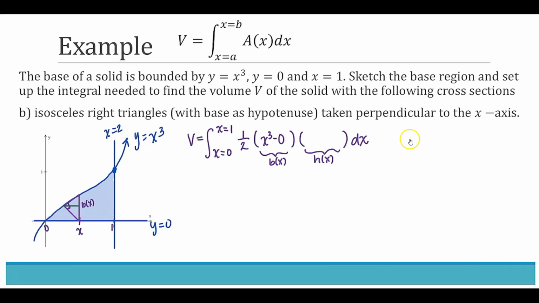So I'm going to go ahead and construct my right triangle over here, my isosceles right triangle, so we can get a better sense of what's going on. So this is my base, b of x, and this is an isosceles right triangle, so that means that if this is 90, then these two are each 45 degrees exactly. And I'm interested in finding the height, h of x.